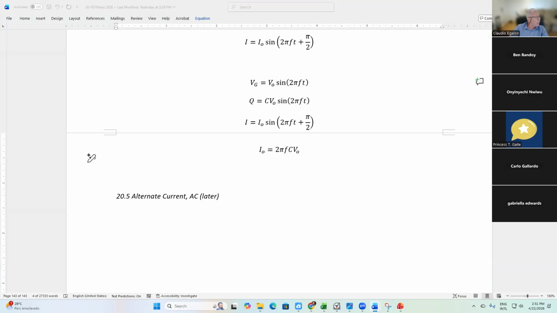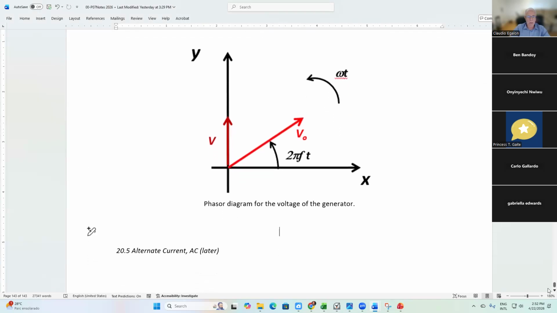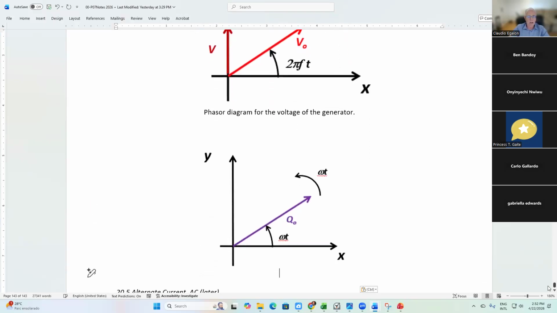How do we draw that in a phasor diagram? We start with the voltage. We show the charge. Q naught is the maximum charge that goes in the capacitor, which is in phase with the voltage.